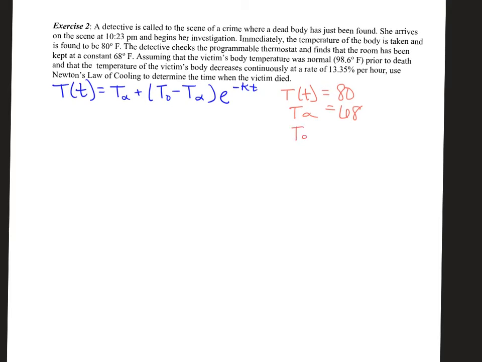T sub 0, the initial body temperature, is 98.6. And k, that's the same number, but it needs to be a decimal, so 0.1335. You will notice that number pop up a lot. And we need to figure out how long it's been there, how much time has gone by.